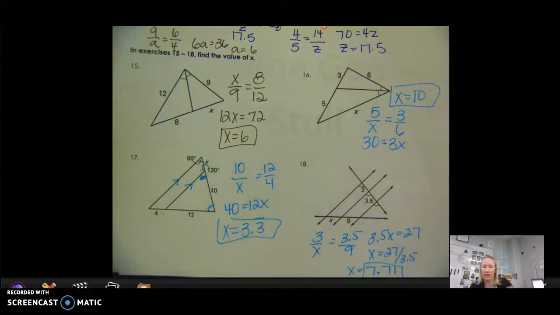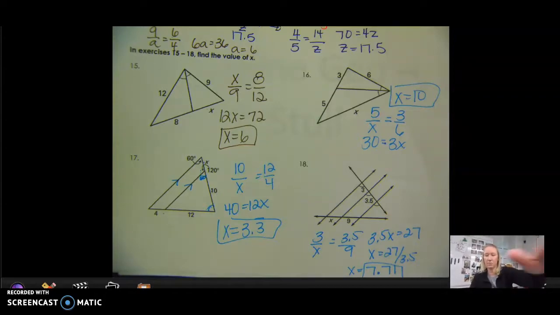So what you have now is a Schoology assignment 6.6. Then after 6.6, you have an Algebra Unit 6 review. After the Algebra Unit 6 review, I want you to complete the test review that is in your packet. It is the last pages of your supplemental packet.